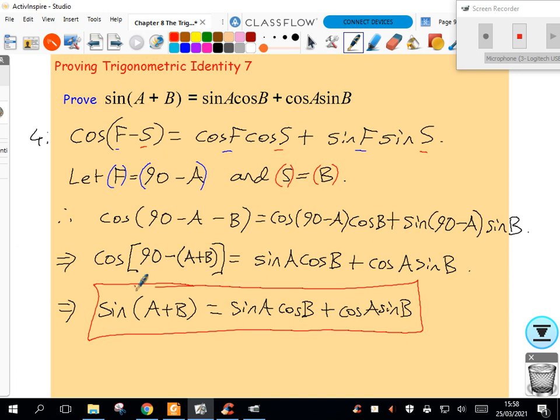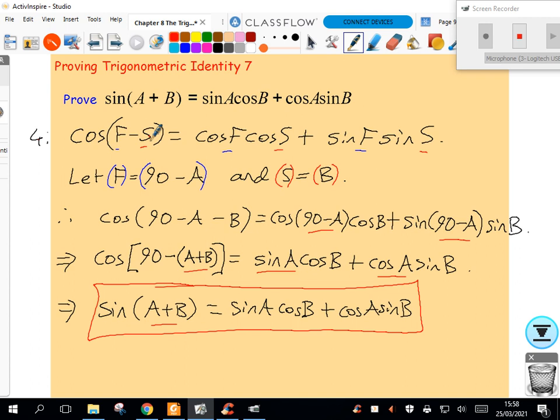A couple of important things. You've got to know that cosine of 90 minus any angle is just sine of that angle you're subtracting from 90, and the sine of 90 minus any angle is just the cosine of that angle you're subtracting from 90. Okay? So rewrite equation 4 like this.